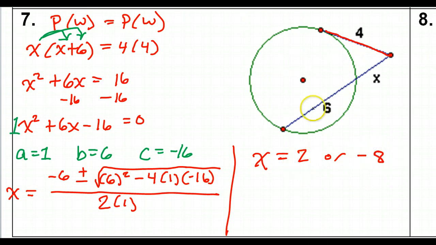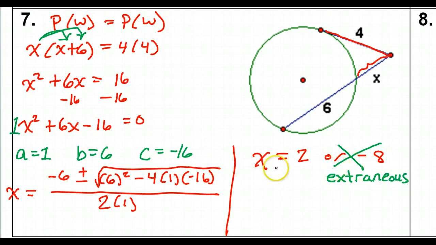Now, because this is a geometry problem, and this x value represents something, it represents this length right here. You cannot have a negative length, so this solution is what we call extraneous, which means it is not valid.